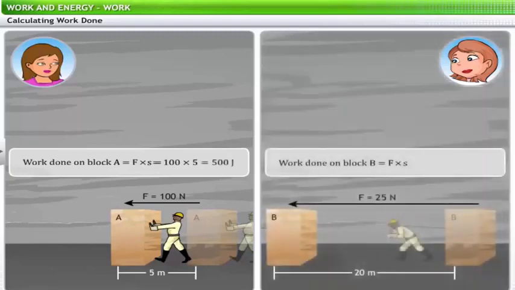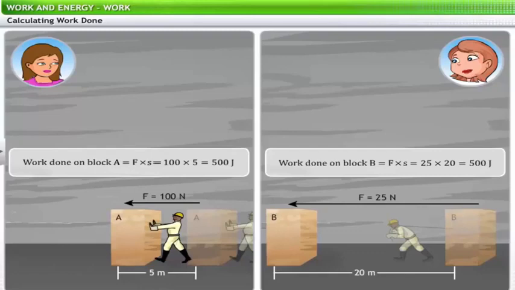Work done on block B is equal to 25 Newton multiplied by 20 meters, which is equal to 500 joule. That means that the work done in both these cases is the same.